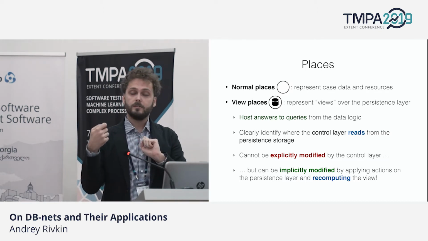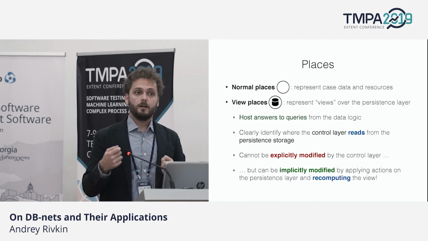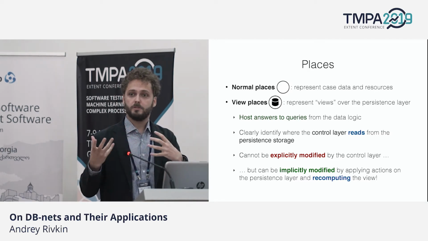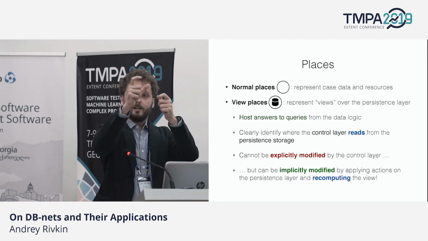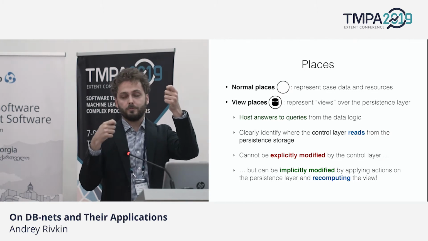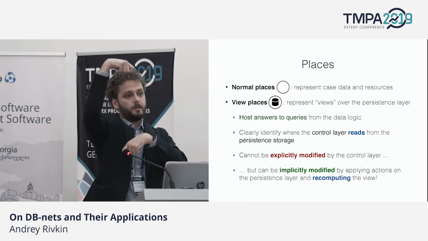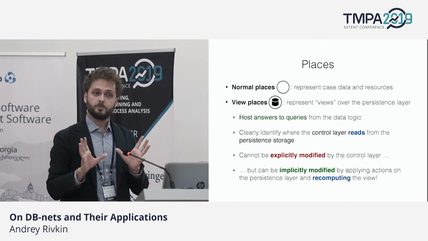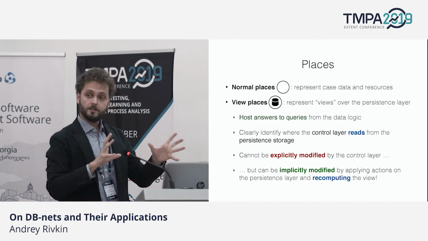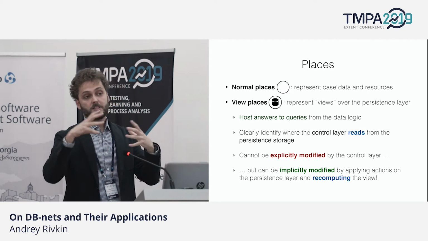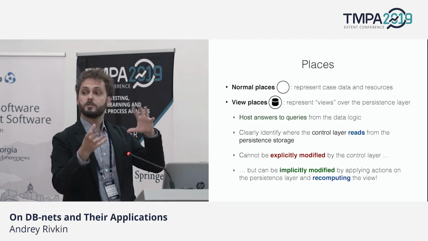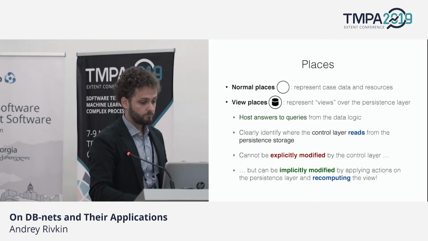We can only read data from them, and we cannot explicitly modify them. In Petri nets, explicitly modifying means that we take out a token, do something with it, generate another token and put it back into the place. Here we cannot do that, but we can modify them implicitly because we have actions that change the database, and by changing the database, the view place will be recomputed.